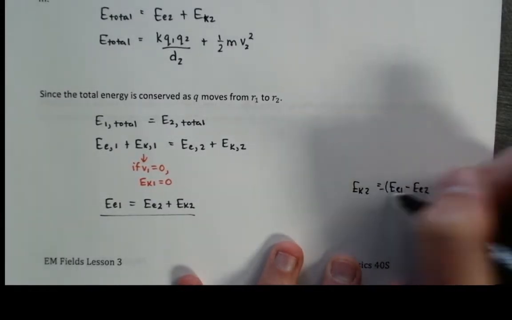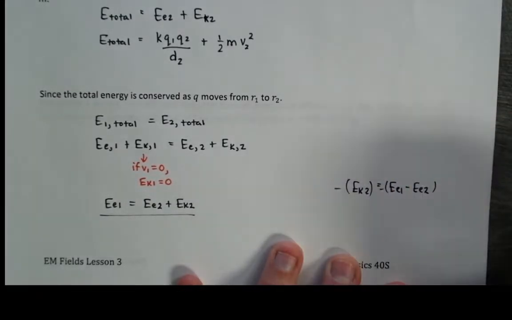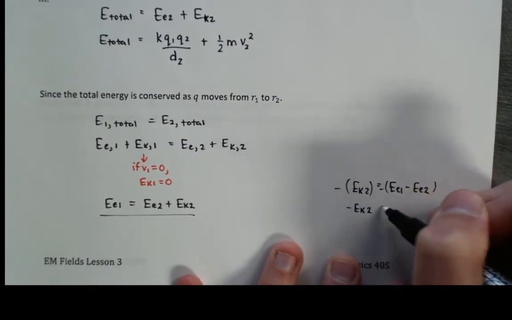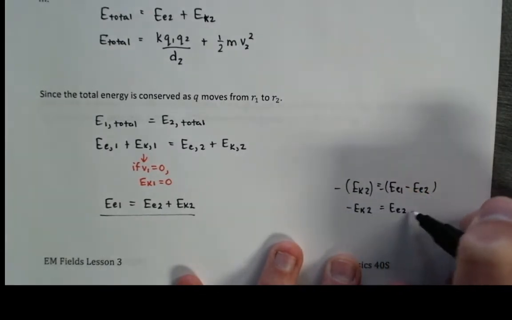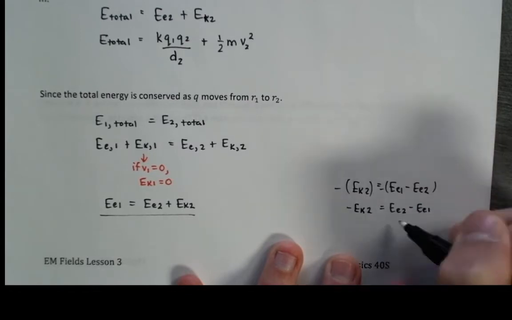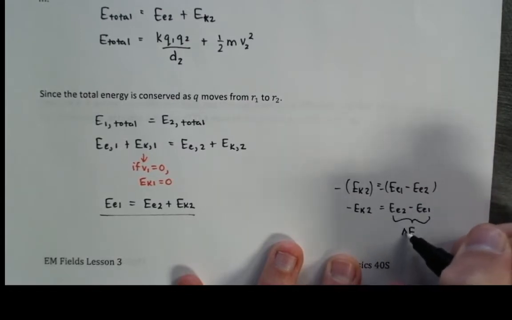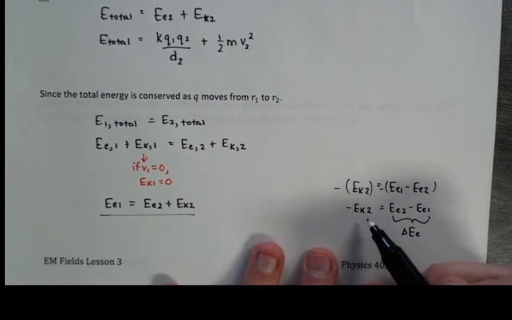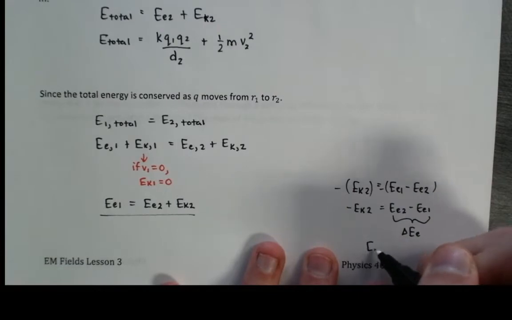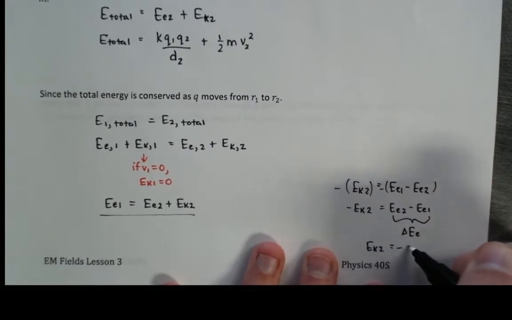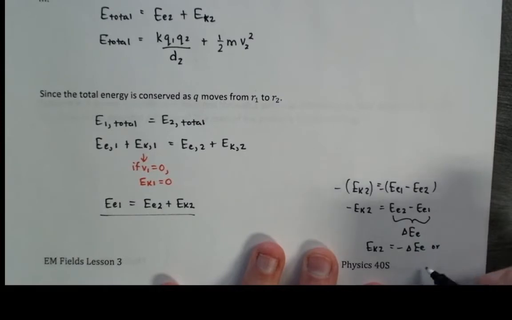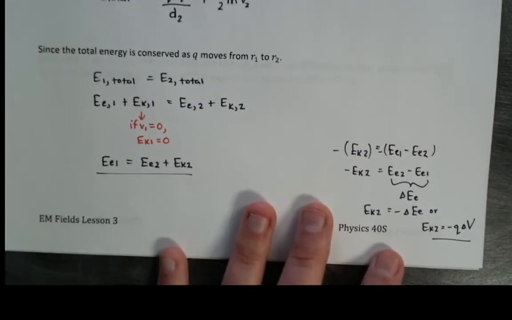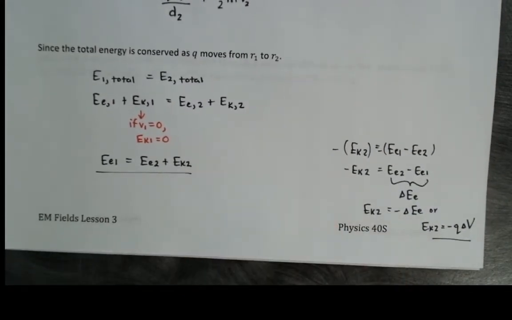So let's multiply both sides. So we end up with negative EK2 equals potential 2 take away potential 1, which is really change in potential energy. Okay, but we'd want to have EK2 being positive, so if we flip the signs again, we could actually make this equation that might come in a little bit handy.